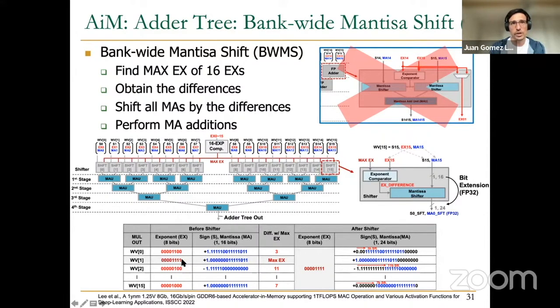In this case, this one is equal to 15, and they first calculate the difference between the own exponent and the maximum exponent in this comparator. After that, they have a common exponent, the maximum exponent for all the partial results, and they shift the mantissa as much as needed. For example, in this first value, it's 3 bits. In this value here, it's 11 bits.